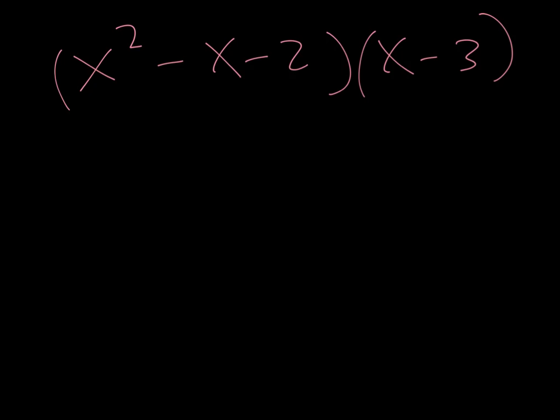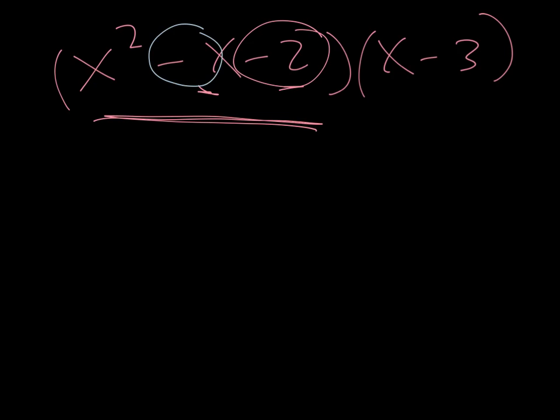But we're not quite done yet. If you notice, this is a quadratic, and if you look at the coefficient of this term and our constant term, you should see that this can be factored as well. So what are two numbers that multiply to make negative 2 and add together to make negative 1?